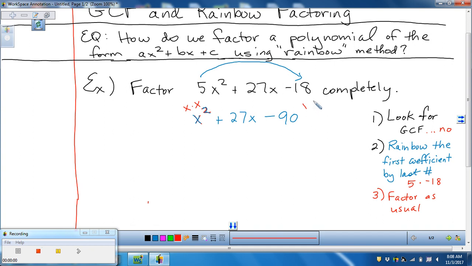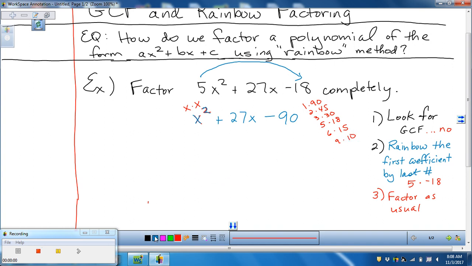We have 1 times 90, 2 times 45, 3 times 30. Does 4 go in there? 4 does not go in there. 5 times 18. 6 goes in there 15 times, 7 does not, 8 does not, 9 goes in there 10 times. So these are our factor pairs.